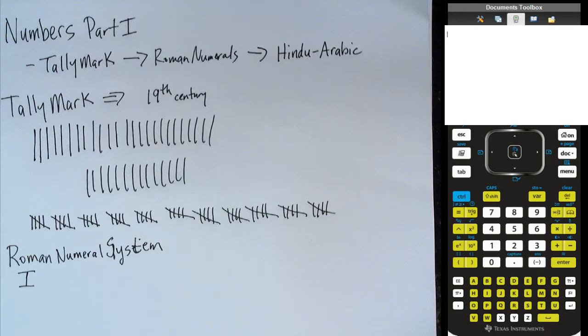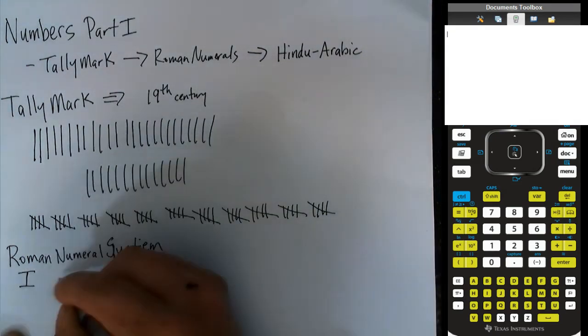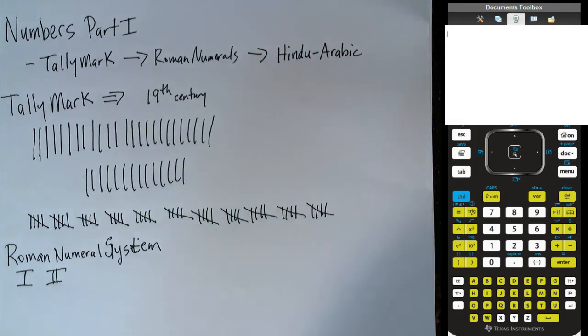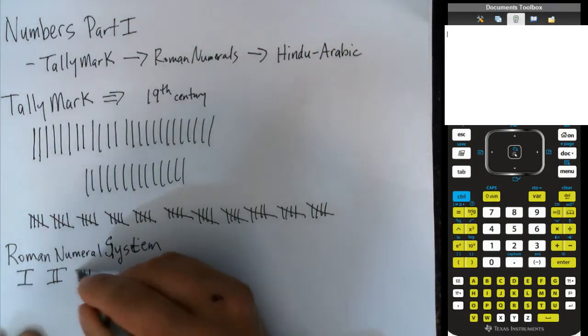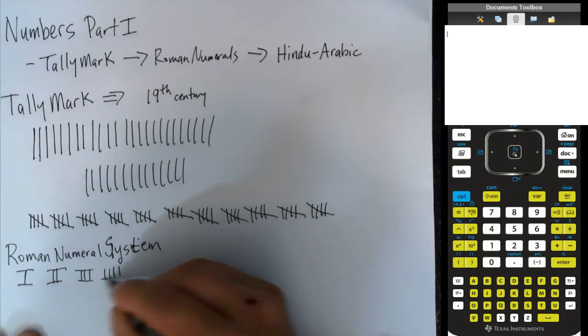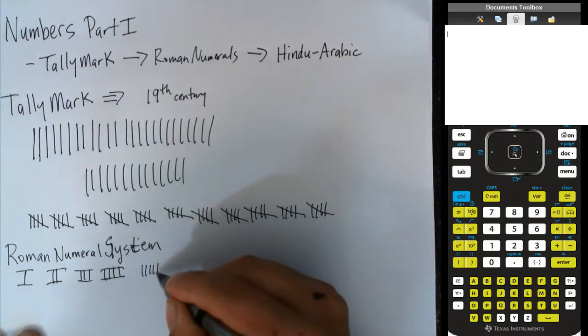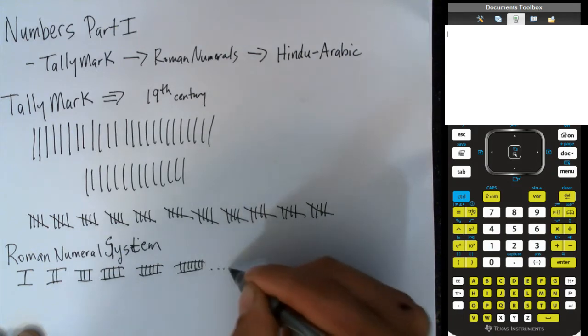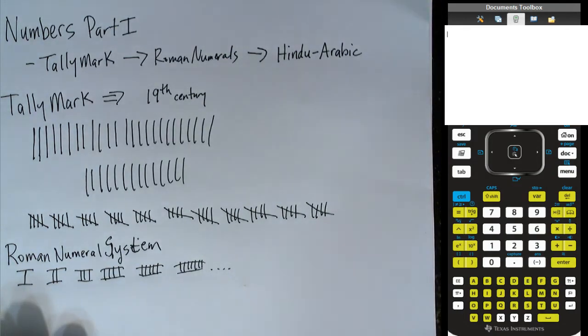That's 1. And we'll let this be 2, and then this be 3, this be 4, this be 5, this be 6, and so on until this be 10.